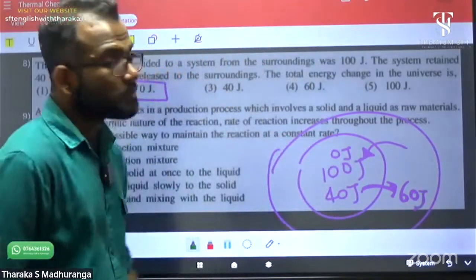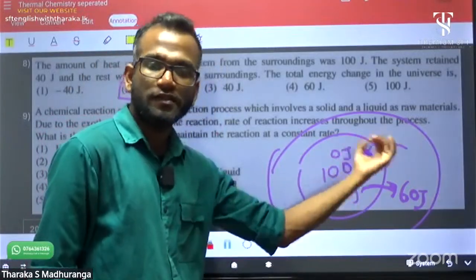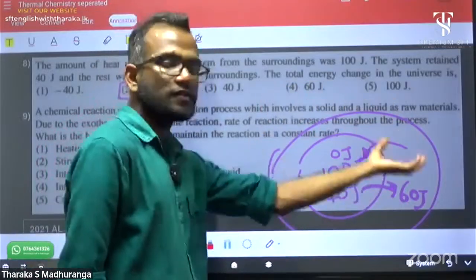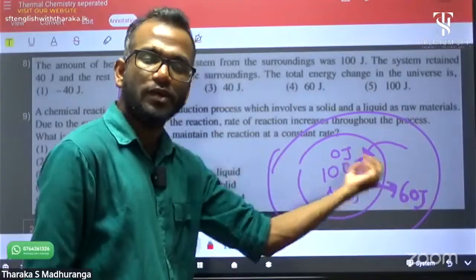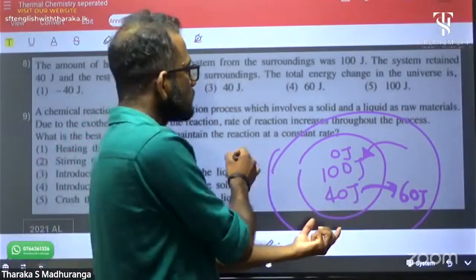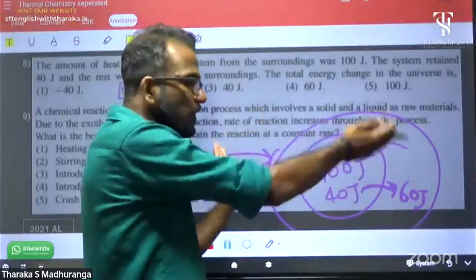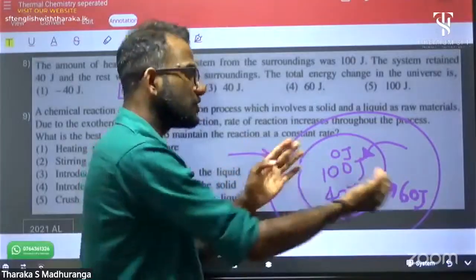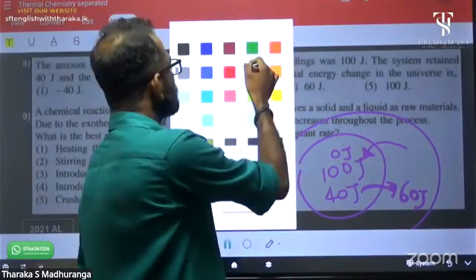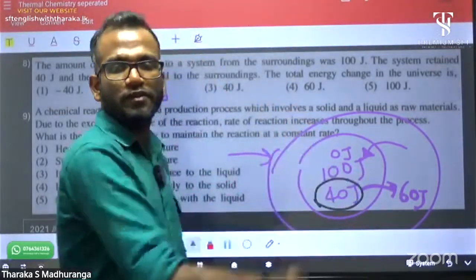Then the system is also in the universe, the surrounding is also in the universe, right? If you take the universe as the system and surrounding together, any kind of energy change does not affect the universe. The amount of energy in the universe is always the same, right? The system absorbs 100 joules, 40 joules retained in the system, but it is still in the universe.